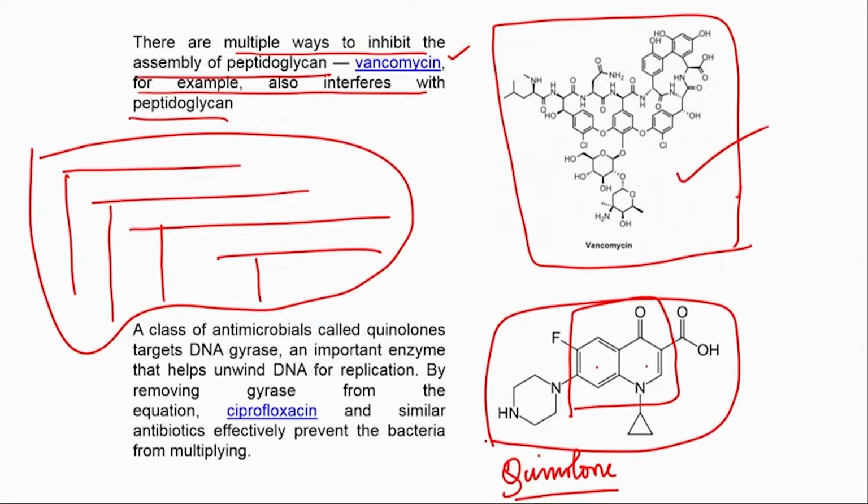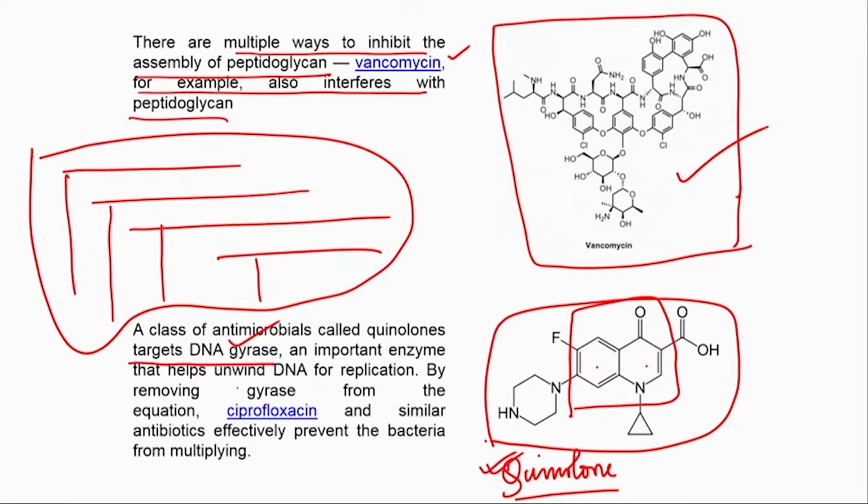When they came into the market, they worked extremely well. Their mechanism of action is they target the DNA gyrase. You know what DNA gyrase does? That is actually unwinding of the double helix during the replication. Okay. So, this quinolone is an inhibitor of the DNA gyrase.